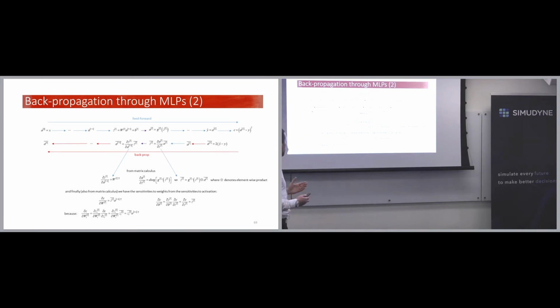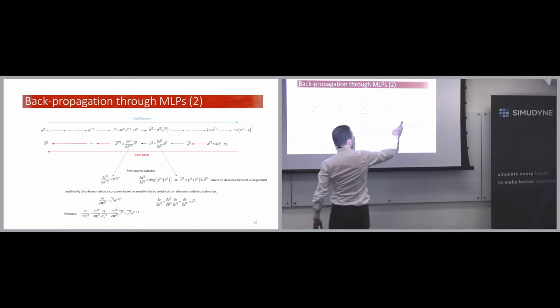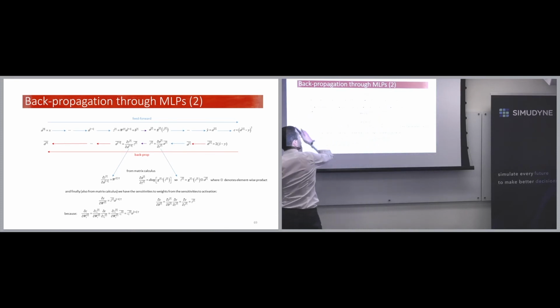And finally, we have all the sensitivities to the weights from the sensitivities to activation. Again, this backpropagation will give us all the sensitivities, all the adjoints of all the intermediate layers, all the ALs, which are the dC over dAL, but we really want the dC over dWL and the dC over dBL.